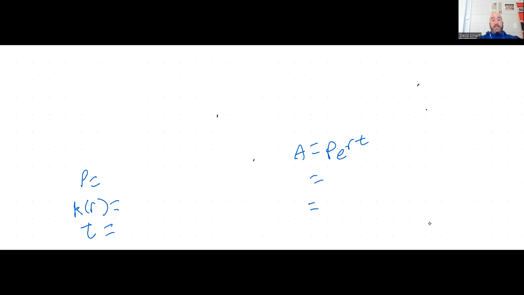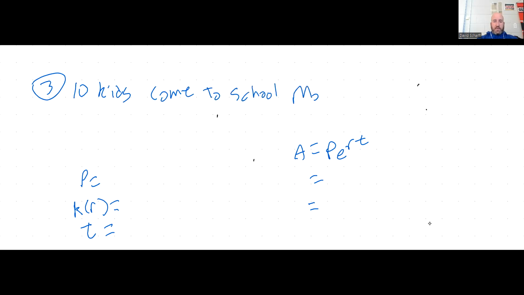So I changed it to zombie bites. So y'all have flu and zombie bites on your worksheet. So let's do chickenpox. We're going to say 10 kids come to school Monday with the chickenpox.